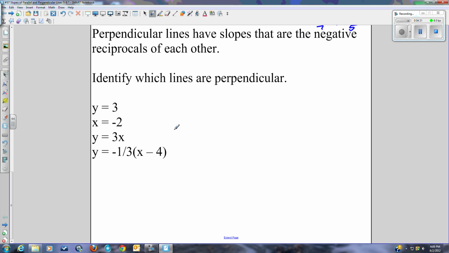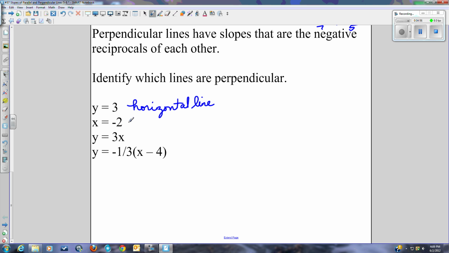So we want to see which lines are perpendicular. Now, one thing to keep in mind, if you have a line that is just something to the effect of y equals 3 or x equals -2, y equals 3 is just a horizontal line. Remember, y equal to a number is a horizontal line.